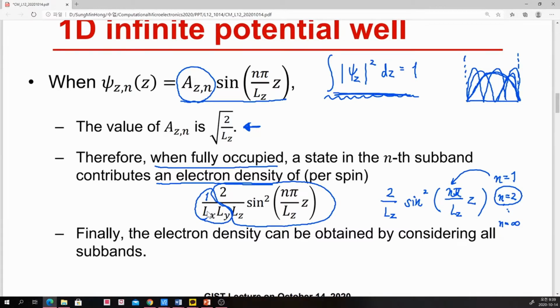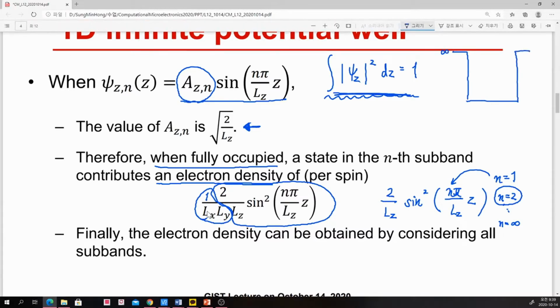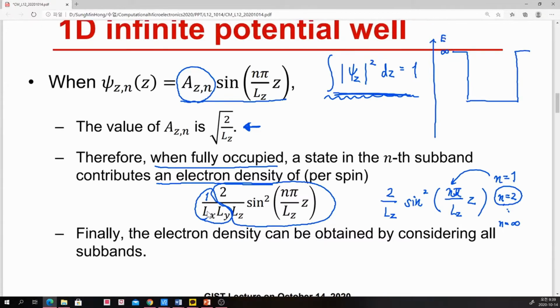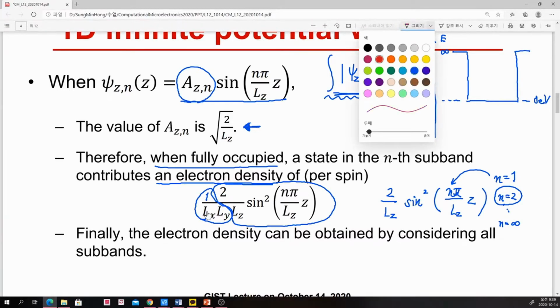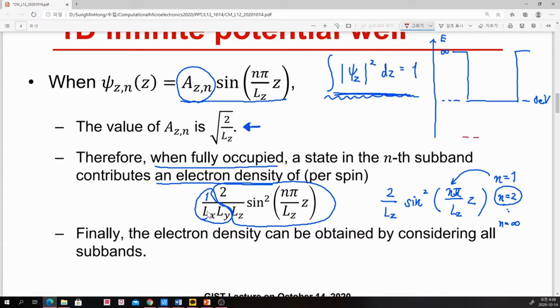Think about this one. Let's say we have a case like this. Our infinite potential well. So this is infinite energy. This vertical axis corresponds to energy, and here we have 0 electron volt. And let's say our Fermi level is located far below 0 electron volt.